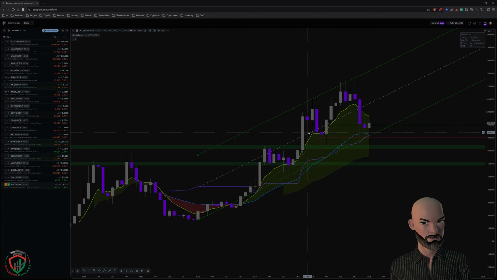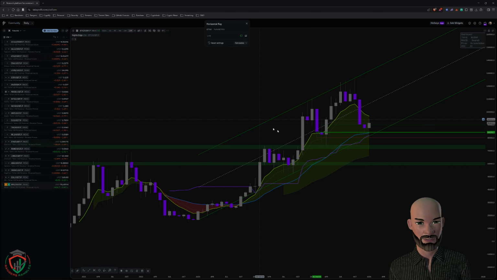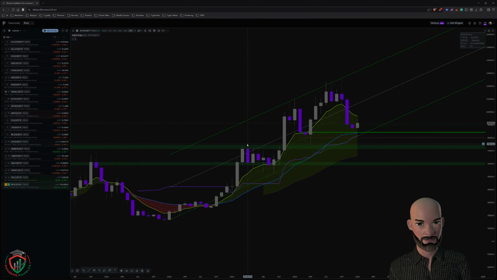So now what I want to draw here was a support. Horizontal, right. This level right here has acted as support. Let's do this green again. Settings, we only have the option for a line. So I'll do 4 pixels, I'll make it nice and thick so we can see.